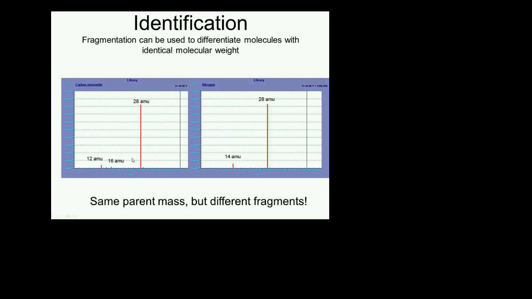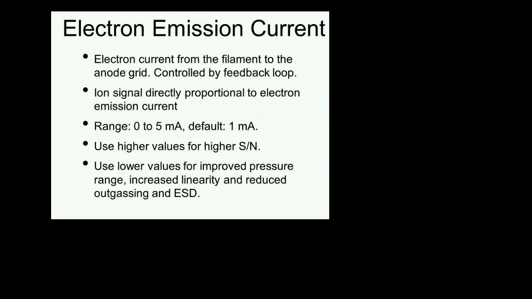So to compare the spectrum to the carbon monoxide spectrum in the NIST library, you have to collect it at the same electron energy as NIST did. That's why it's best to keep the electron energy at 70 unless you have a very specific requirement.